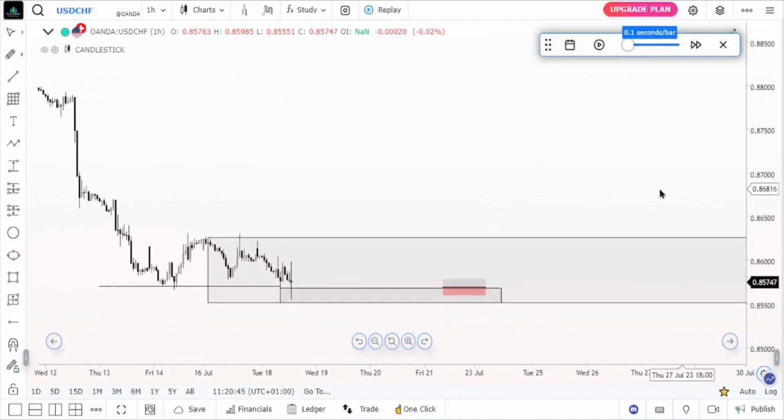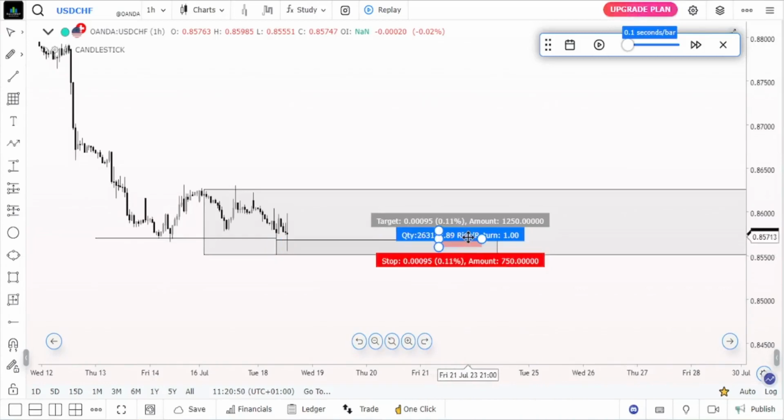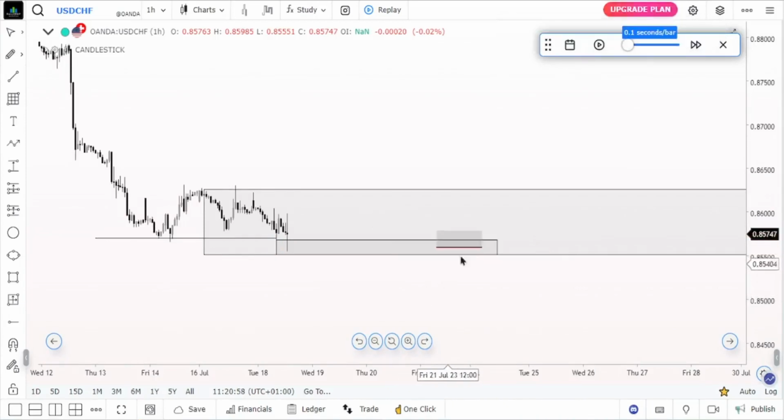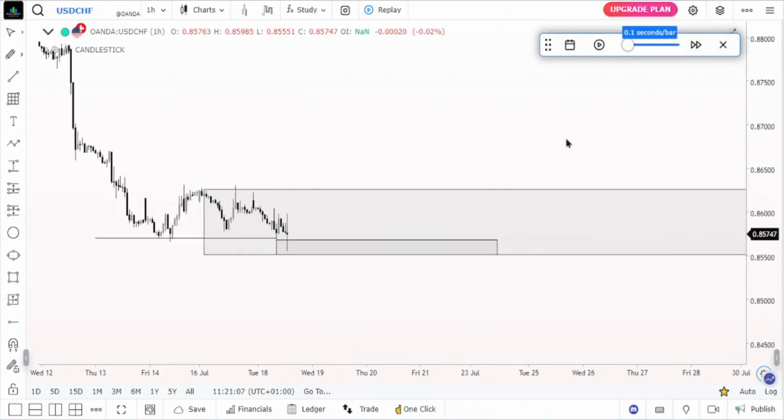Where is my stop loss? Sorry guys, I don't know what's happening here. Let me take it out. So we want to go long, so we can take trade from here.